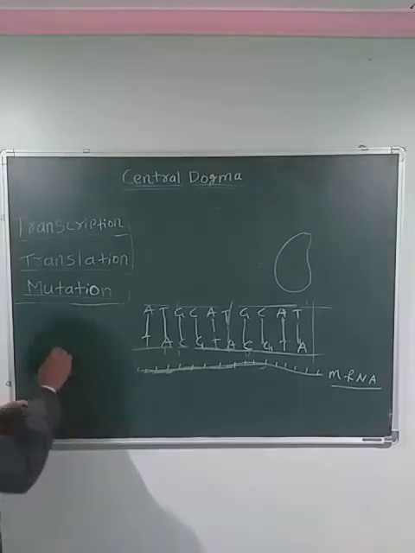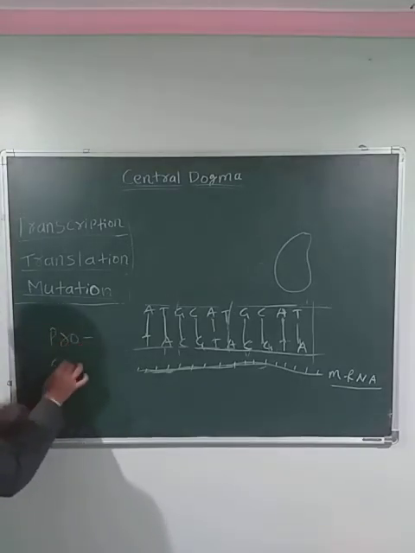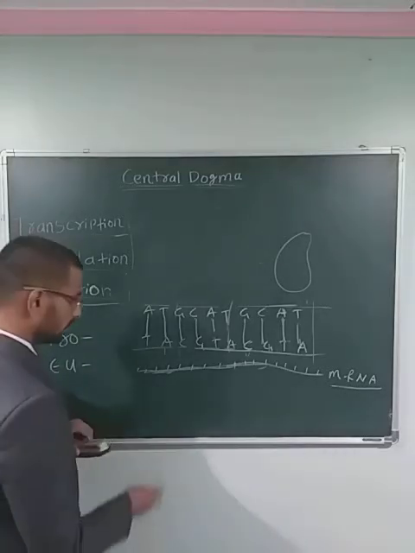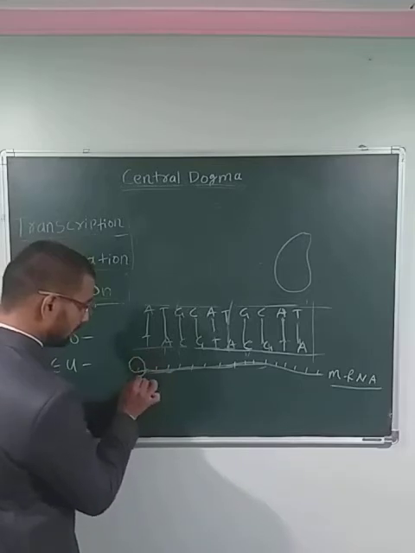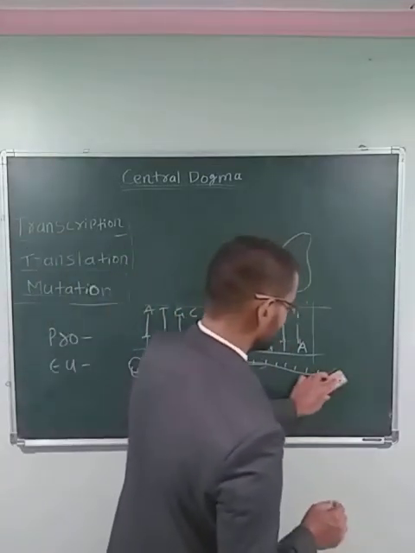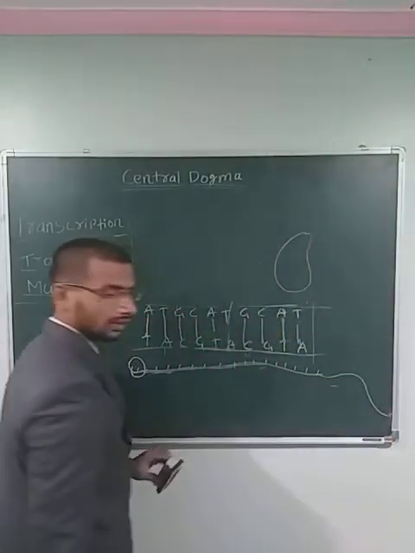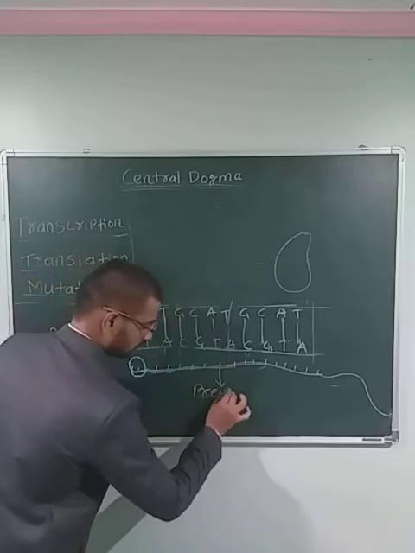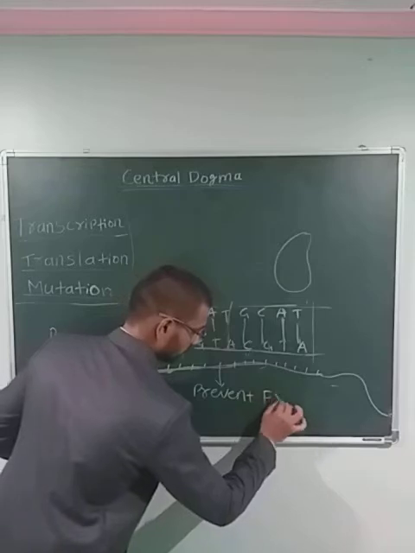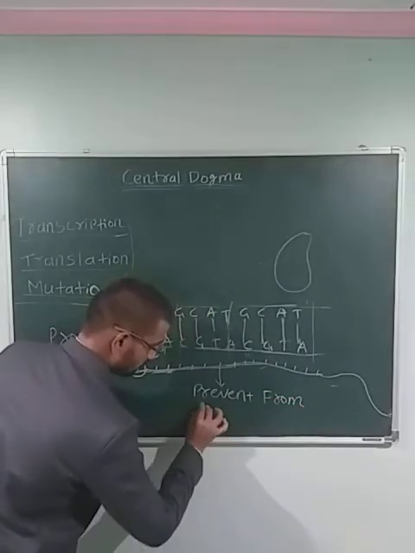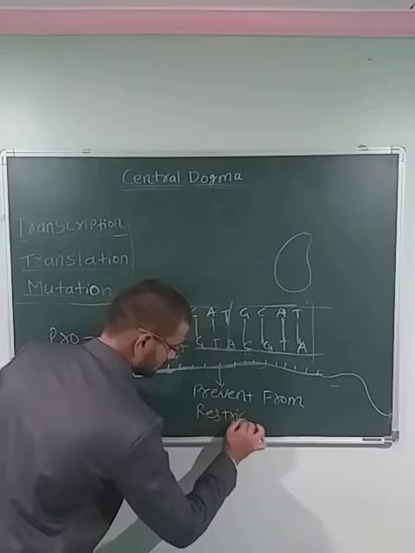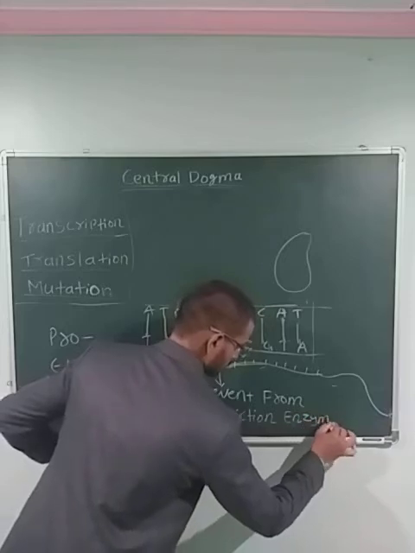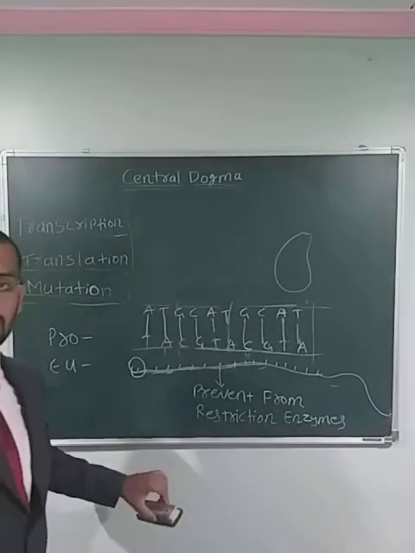The same process is common for prokaryotic and eukaryotic, but in eukaryotic it is slightly complicated. In eukaryotic, capping and tailing are added to protect from restriction enzymes.